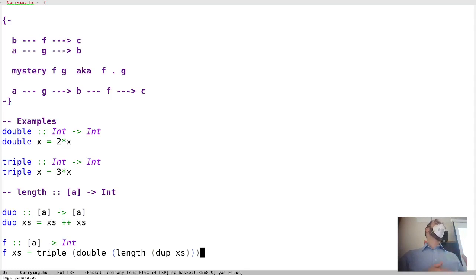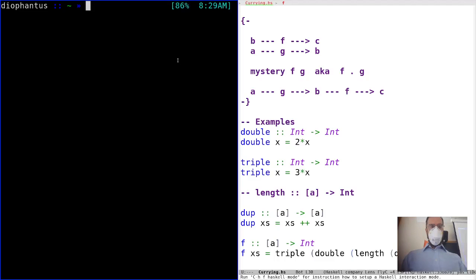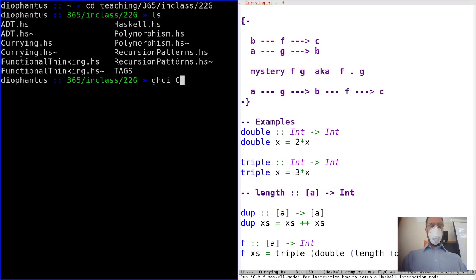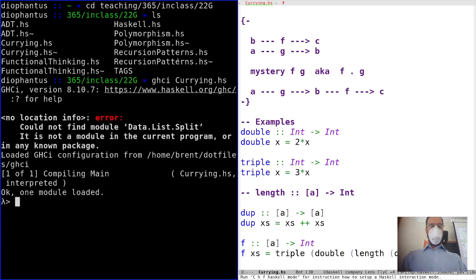So we should get 12 times the original length of x, because it duplicated it first, and then got the length, and then multiplied it by 6, right? So if I say f of 2 to 7, I should get 24, because we duplicate that, we'll have length 4, and then we multiply by 2 and by 3.